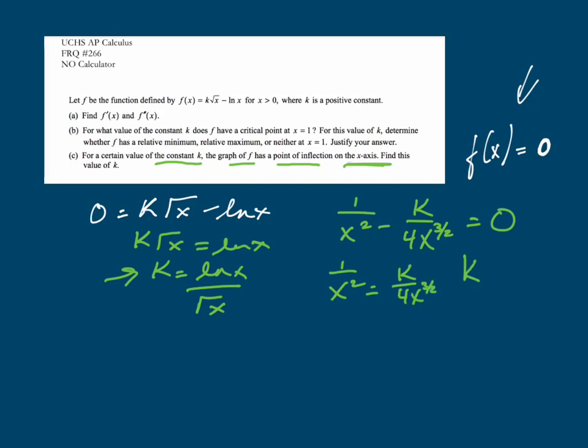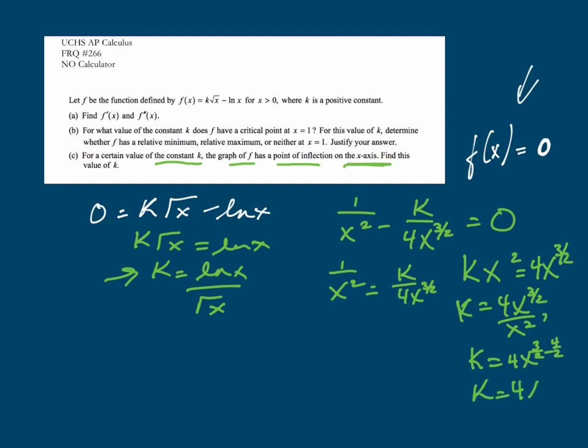So k, cross multiply, k equals 4x to the 3/2 over x squared. So subtract the exponents, k is equal to 4x to the 3/2 minus 4/2. That's subtracting 2. So k is 4x to the negative 1/2.